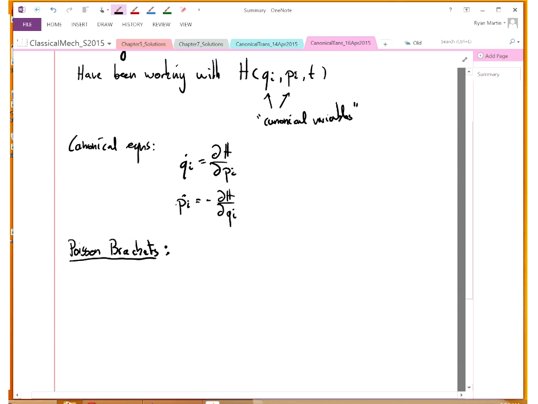A Poisson bracket is defined between two functions of the canonical variables.